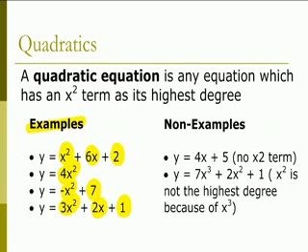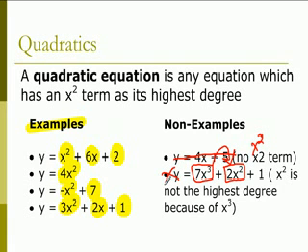Now, looking at the non-examples, we have y equals 4x plus 5. This is not an example because there is no x squared term. Because there's not an x squared term, that is not a quadratic. In the next equation, y equals x cubed plus 2x squared plus 1, we have an x squared term, but we also have an x cubed term, which is a higher degree than the x squared.